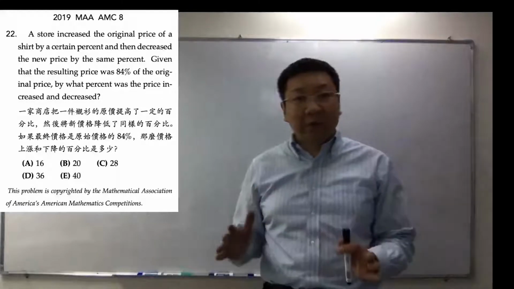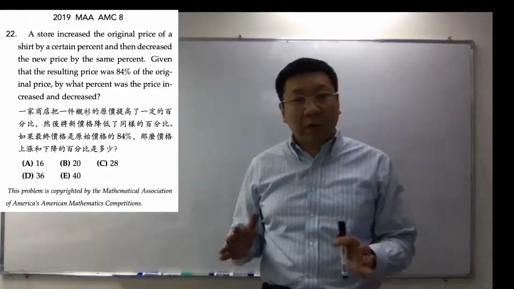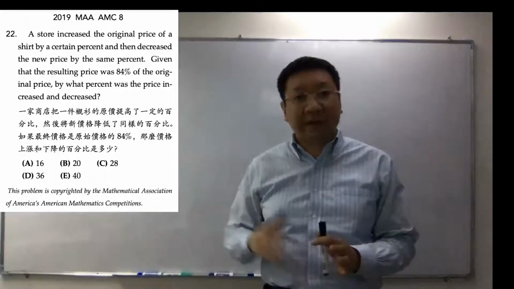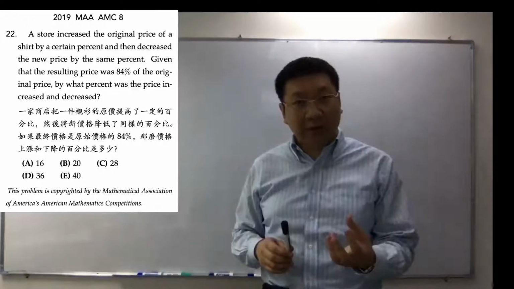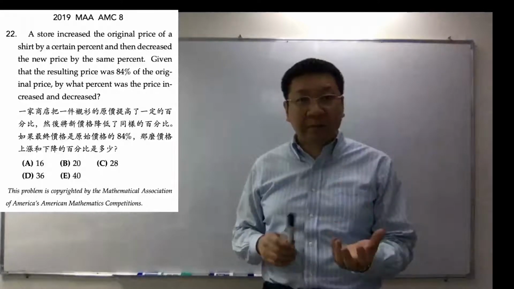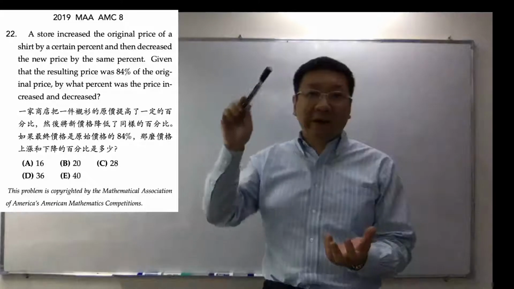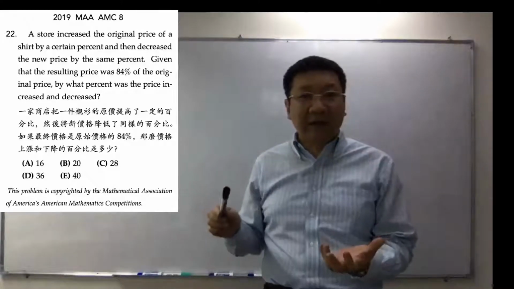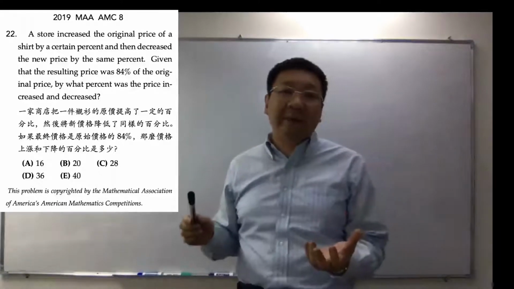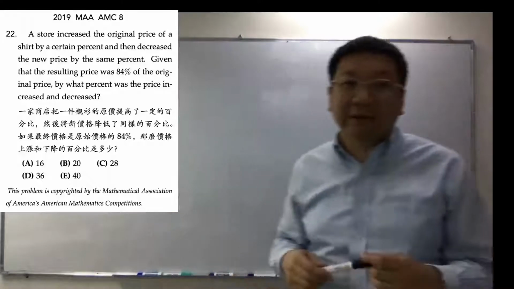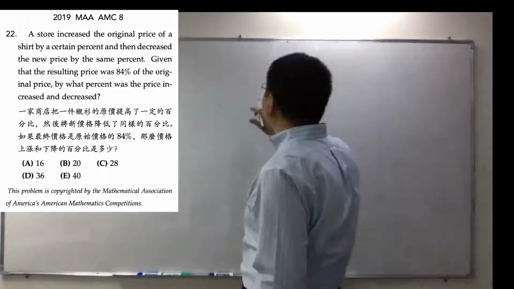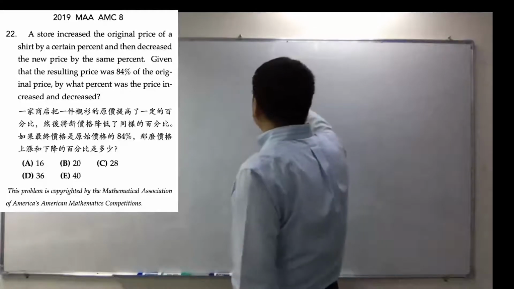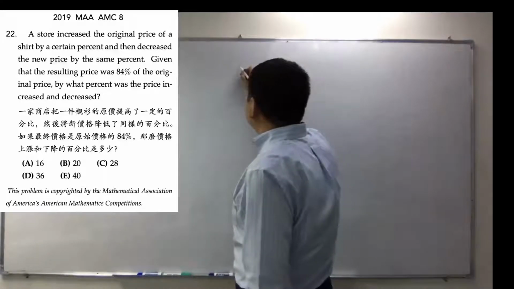Okay, now question 22 is also related to percentage. So you have certain merchandise, and first its price increased and then its price decreased, and in the end the result is 85% of the original price. So for this one, I think we can write down an equation to show that.